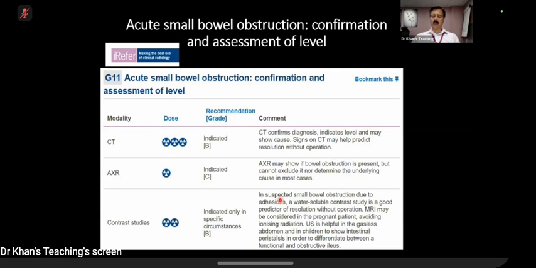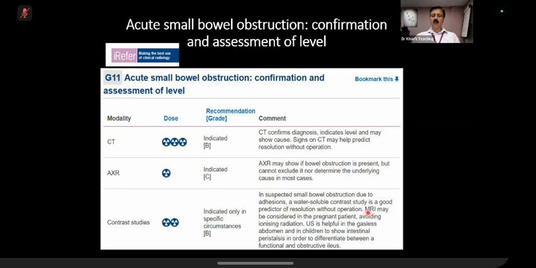Concept number one. Number two, 80% of them might resolve themselves. So there is a role of what we call monitoring the case. And for that, if you do a water-soluble study, Gastrografin, if it passes through, then it means that there is no need of surgery.